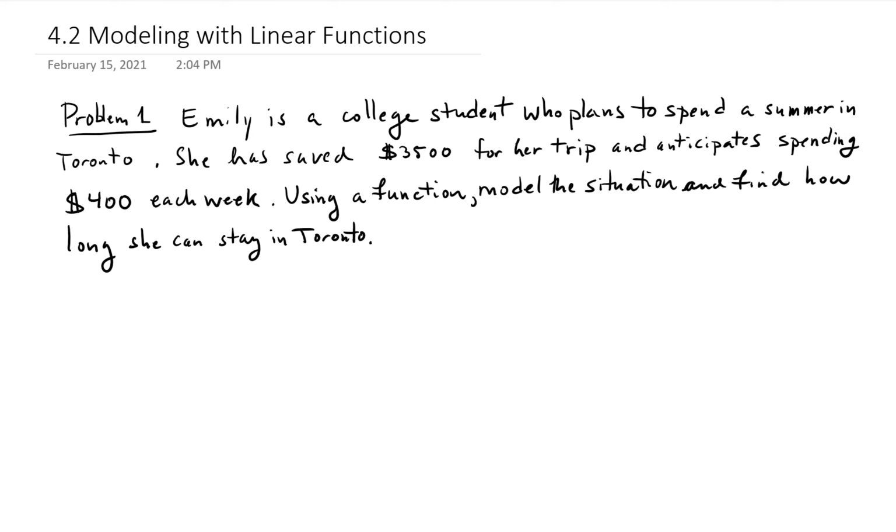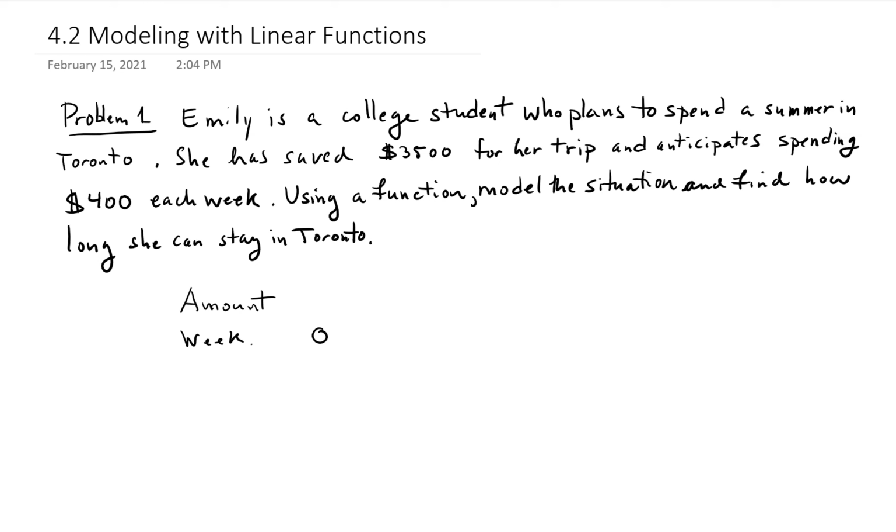Okay, so now maybe we can start. When I start a problem like this, I try to manipulate the numbers so that I can understand what's going on here. So clearly, we need to keep track of the amount she has each week, in order to find how long she can actually stay in Toronto. So I'll look at the amount she has each week, and the week number.